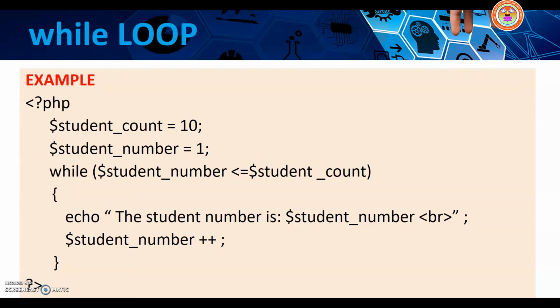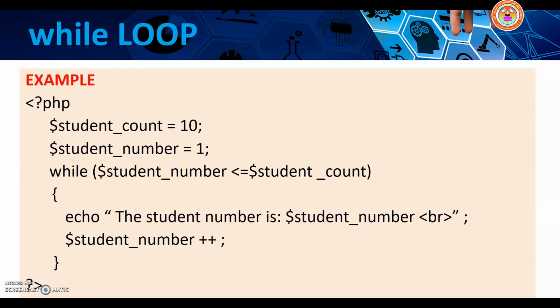With that value, the control moves to the condition. So 2 will be checked with 10. So definitely 2 is less than or equal to 10 only. So again it will print, 2 will be changed as 3. So for 3 also the condition is true. 4, 5, for 5 also the condition is true.